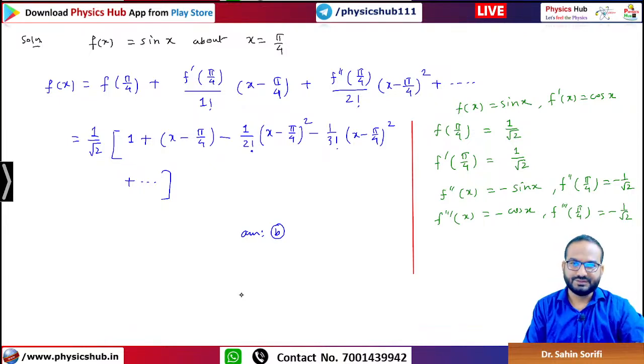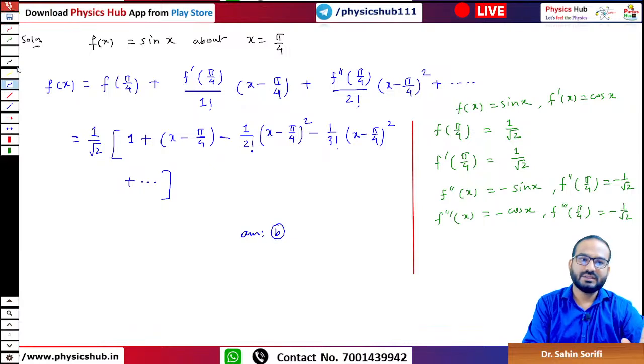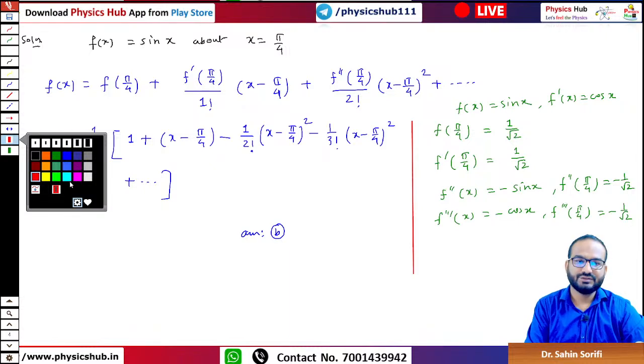So one thing you notice, just remember this thing, if it is asking you to expand about, let's say, z equals z0, your terms will come as different powers of x minus pi by 4 or z minus z0 in this form.